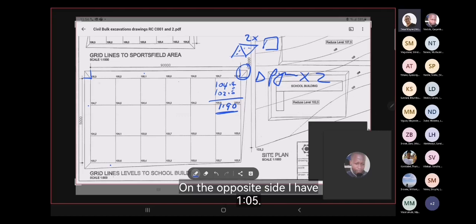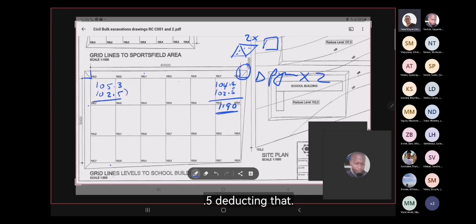On the opposite side, I have 105.3 minus 102.5, deducting that gives me 2.8.